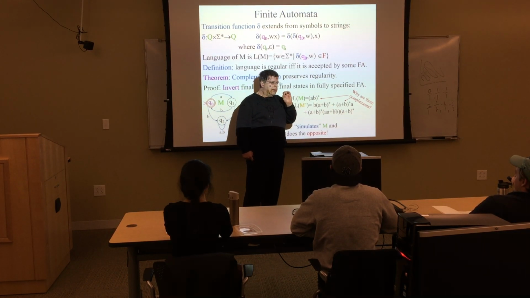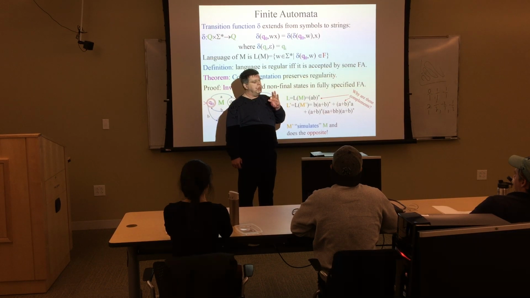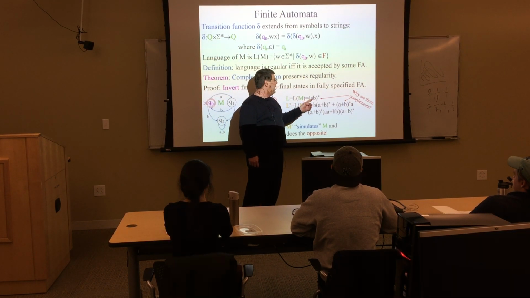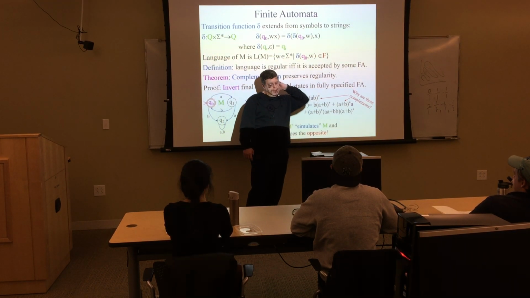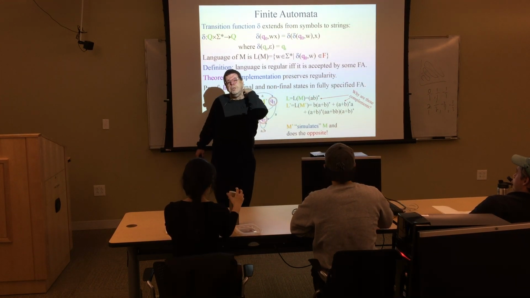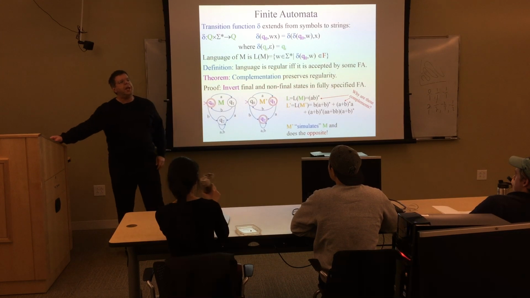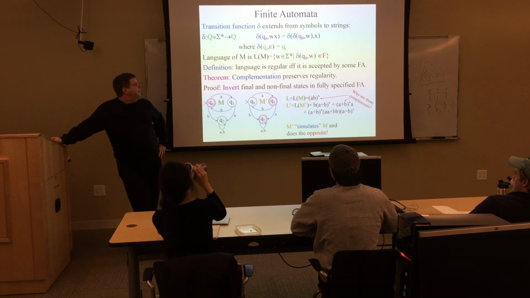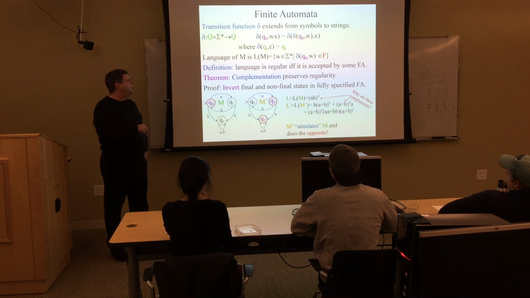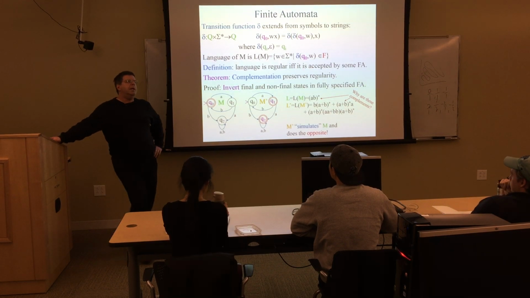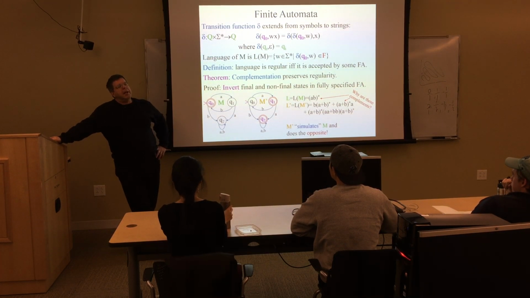Now, as a pedantic type error kind of issue, don't say that the language is AB star. That's a type error. What should you say instead? Let's see if you're up on your type error checking as you speak. If I say the language of this machine is AB star, why am I making a type error?